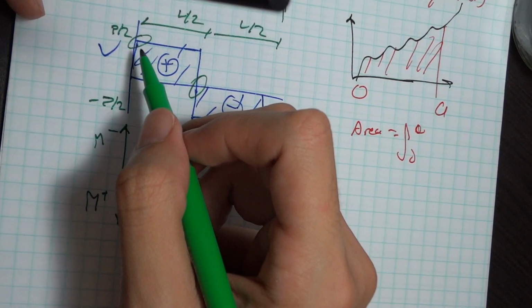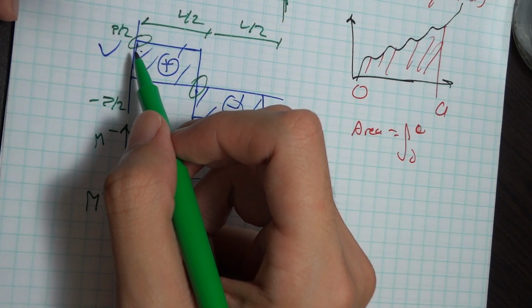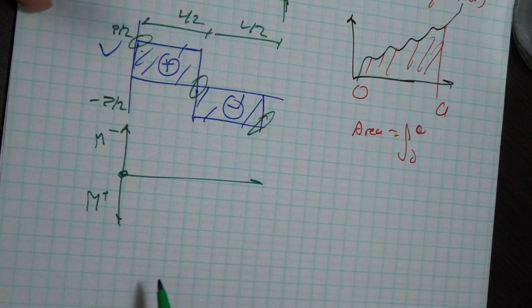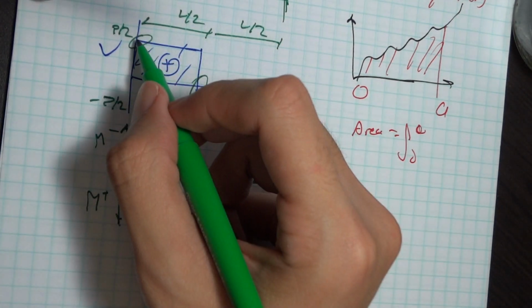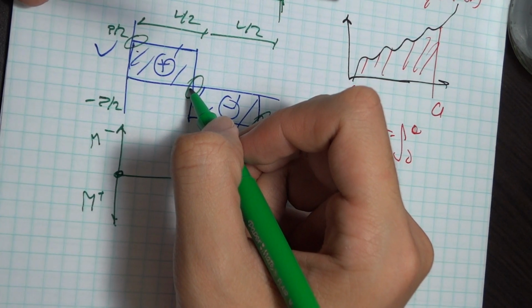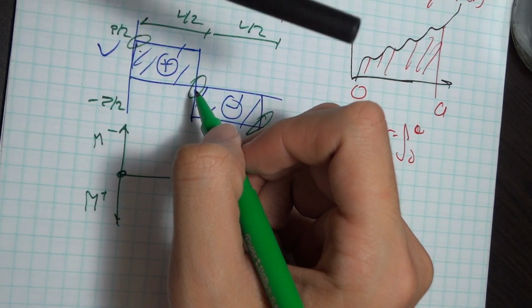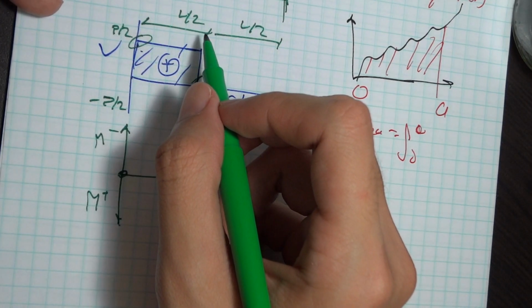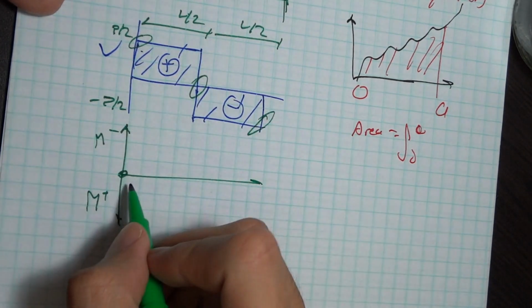Because I have a height of P over 2, but my base is 0. So I start off at 0. And then going from here to here, I have picked up an area of P over 2 times L over 2, or PL over 4.